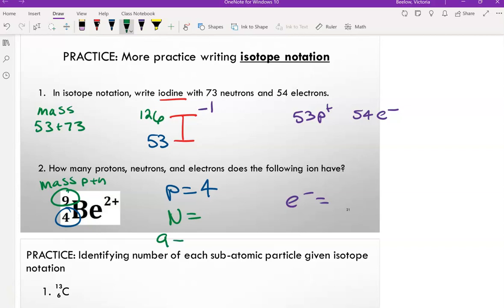You can subtract out the protons to find your number of neutrons. And that makes sense because if you added these two together, that would give you your atomic mass, right? That's protons plus neutrons. So you do have to do a little bit of deduction to figure that out.